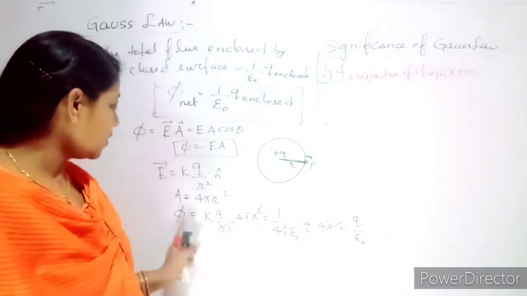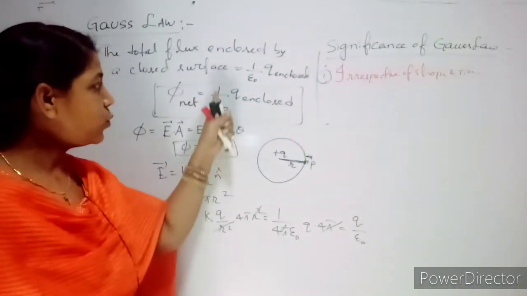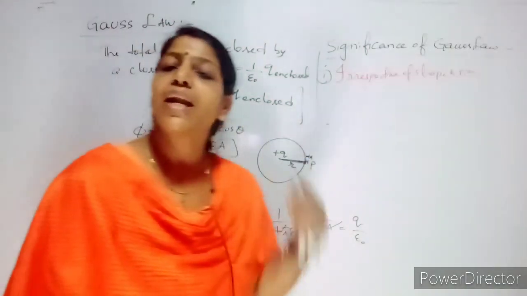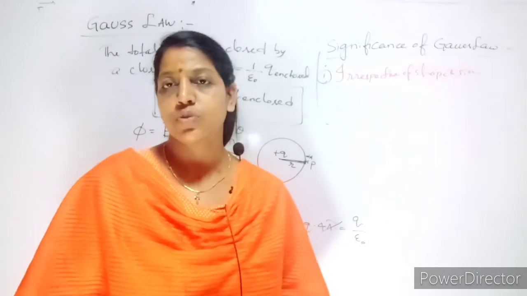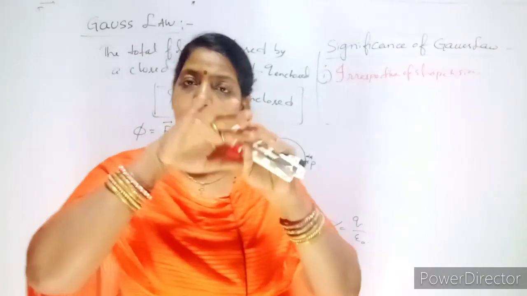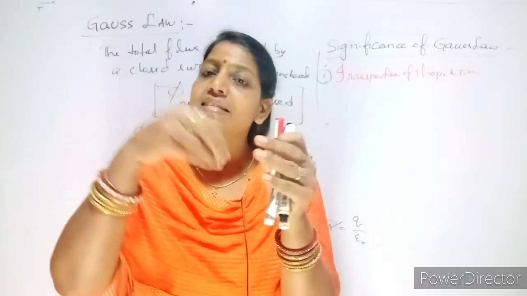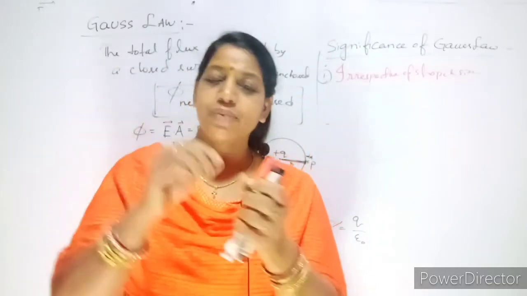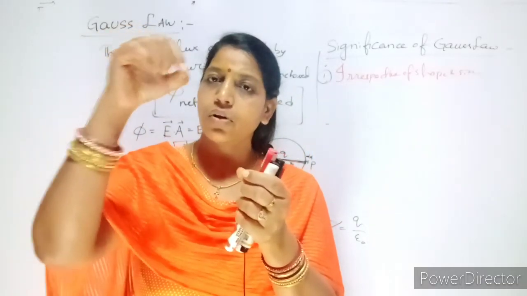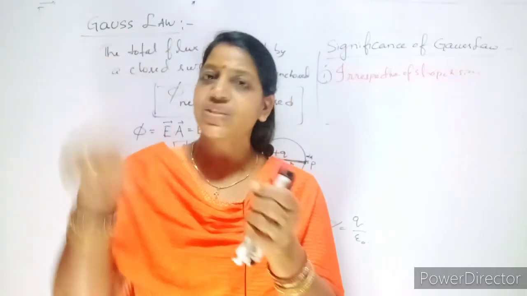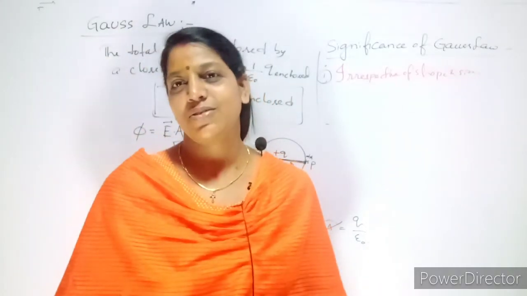Second, phi is nothing but 1 by epsilon naught times Q enclosed. What do you mean by Q enclosed? Whatever surface you are considering, the charge inside it is what is enclosed. If I kept 1 coulomb or 2 coulomb or any charge outside, that is not Q enclosed.